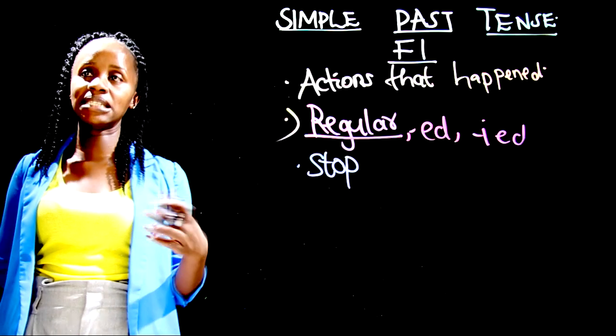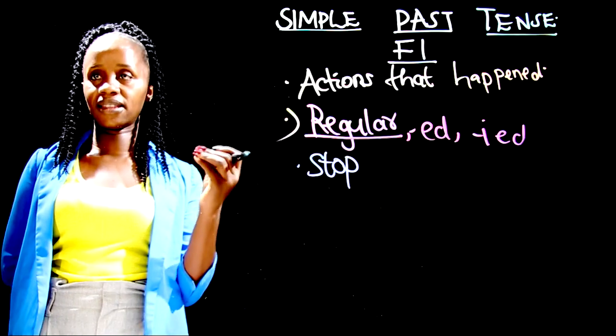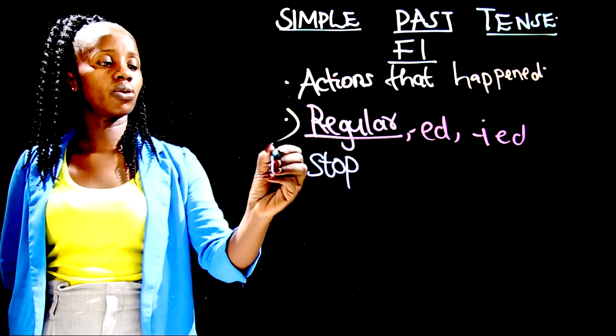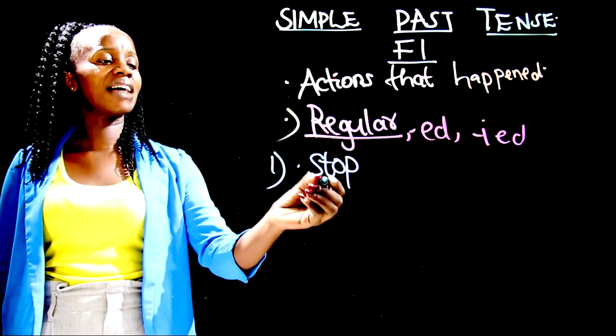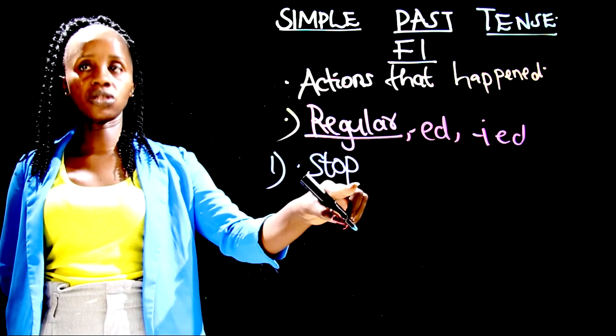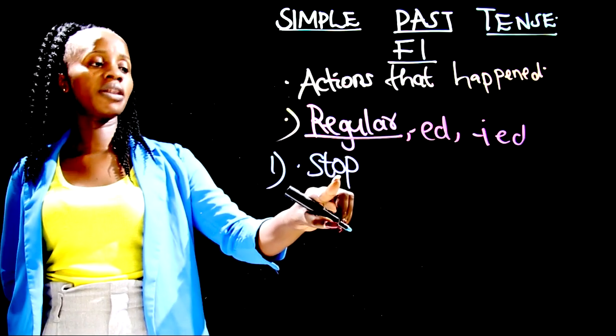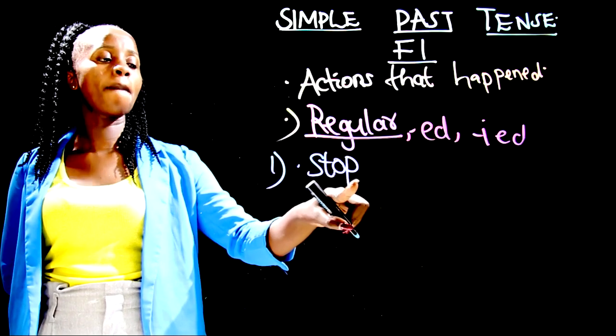The past tense is stopped, isn't it? But how do you write that? So this is the rule. Rule 1: when a word has one vowel sound coming before the consonant. The vowel sound here is O, isn't it? And the consonant is P.